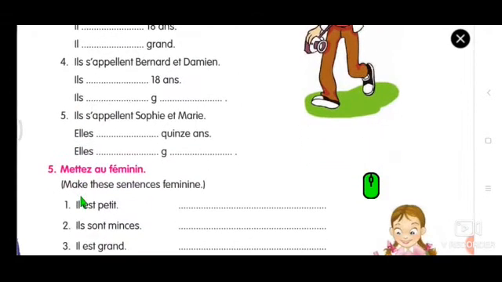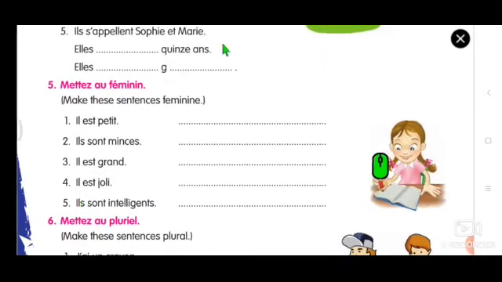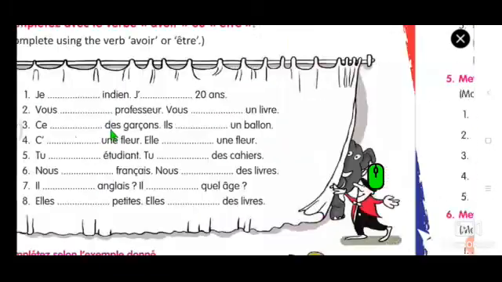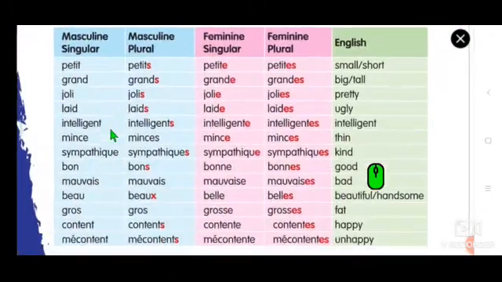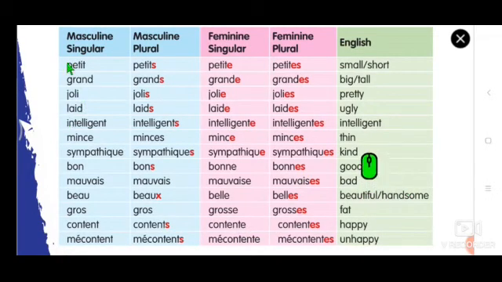Now here, feminine and plural are very simple. You have to be thorough with the tabular column. If you are thorough with it, you will be able to use feminine and plural both. Let's make it simple.